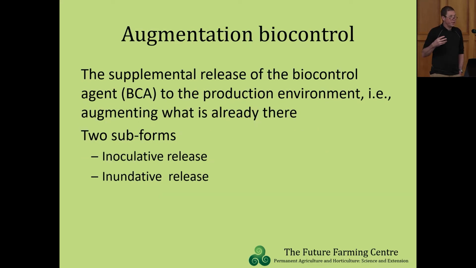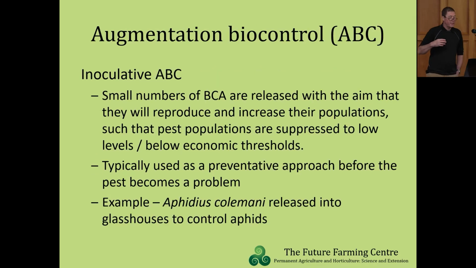So augmentation is where the natural enemy already exists in the environment, but its numbers are very low, so we augment those numbers. And there's these two subforms, inoculative, we inoculate, and inundative, we inundate. So inoculative is where we put small numbers of the biocontrol agents into the environment.